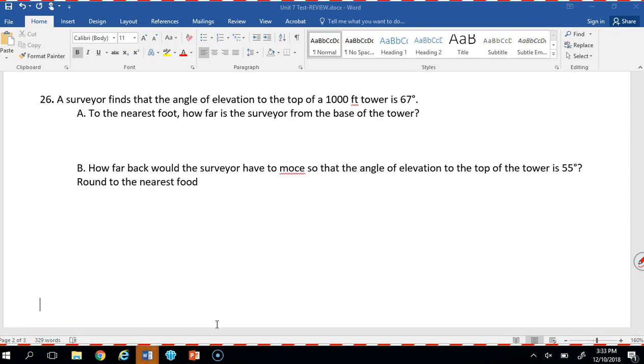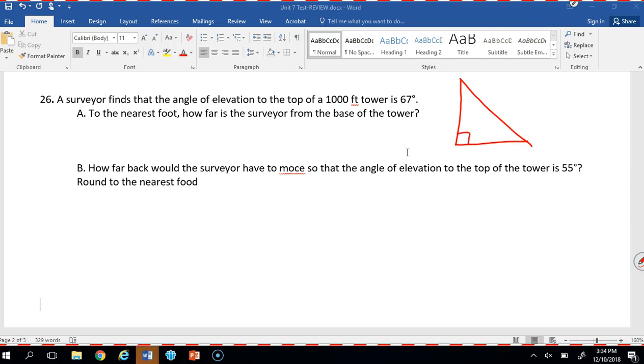So now we're on 26. It says a surveyor finds the angle of elevation to the top of a 1,000-foot tower is 67 degrees. To the nearest foot, how far is the surveyor from the base of the tower? So what we need to do first is draw a drawing for this. So let's draw a drawing like this. We have a right angle here.